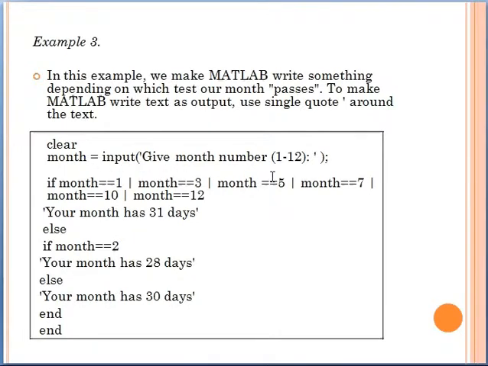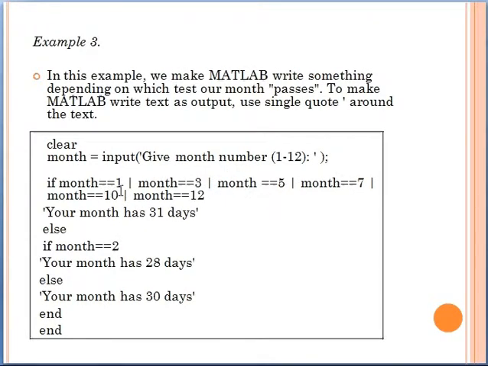Give month number from 1 to 12, because months are from 1 to 12 only. Now my if statement is starting from here. If month is equal to 1, in MATLAB for comparison use double equals. Now if month is equal to 1, or, this symbol is used for or, month equal to 3 or 5 or 7 or 10 or 12.